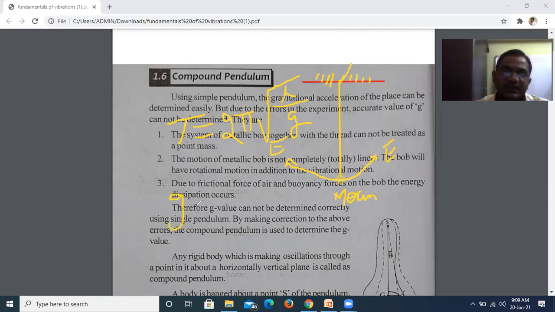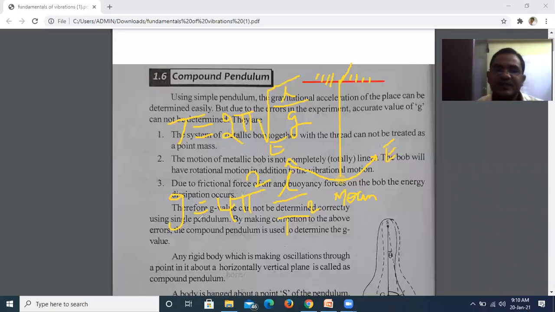From that, g is equal to 4 pi squared L by T squared. By using this expression, we will determine the acceleration due to gravity.